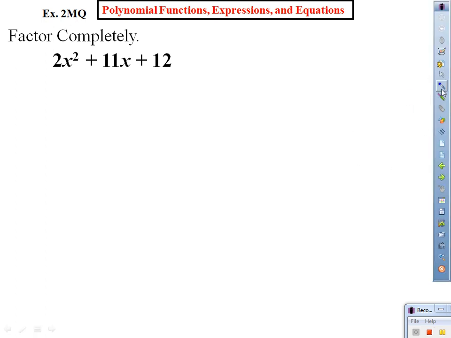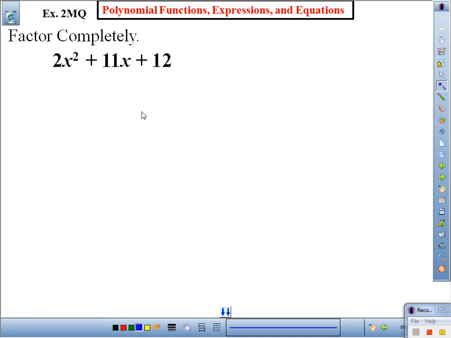Let's see. Step 1, everyone. Standard form, yes. Step 2, GCF. Is there a GCF? No, other than 1. So step 3, we what? Factor. But wait a minute. That's your cube.